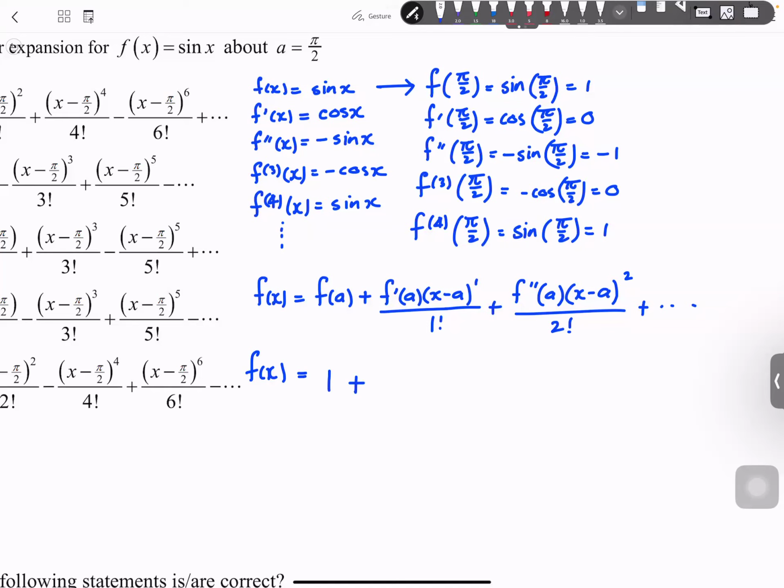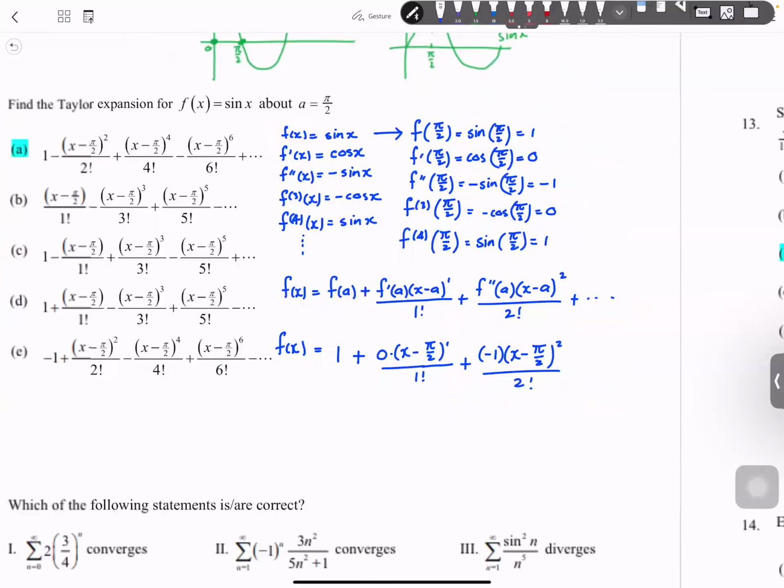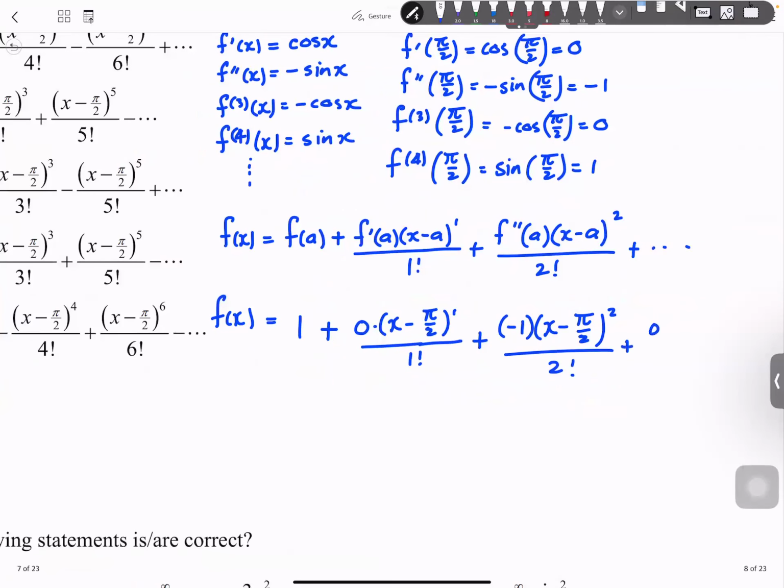The first derivative at pi halves was 0 times x minus pi halves to the power 1 over 1 factorial plus the second derivative at pi halves, negative 1, times x minus pi halves squared over 2 factorial plus, again, 0 times x minus pi halves cubed over 3 factorial, and so on, right? We can just keep going.